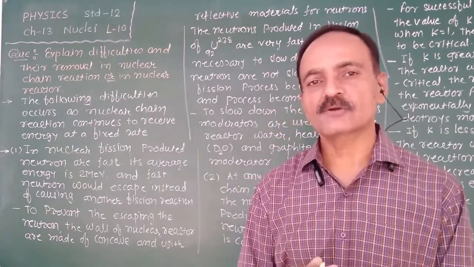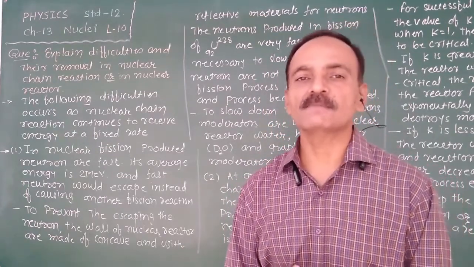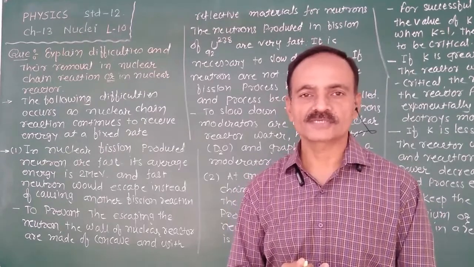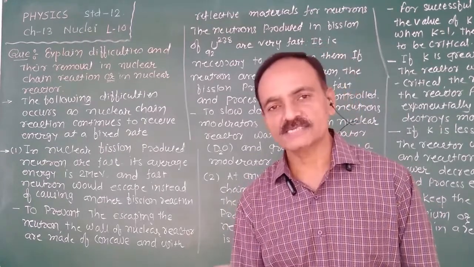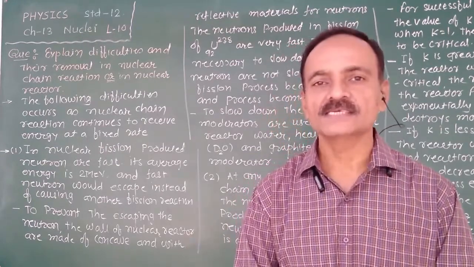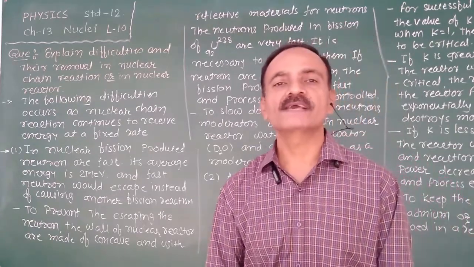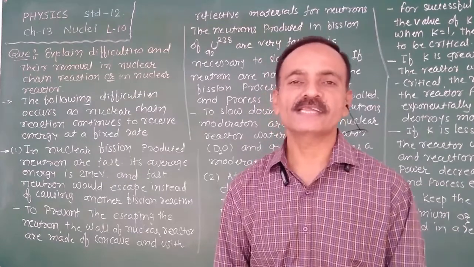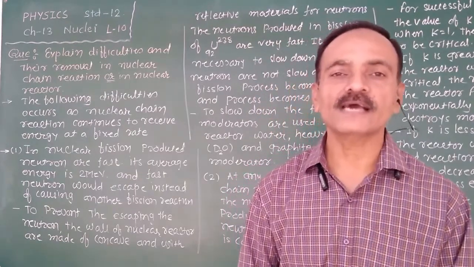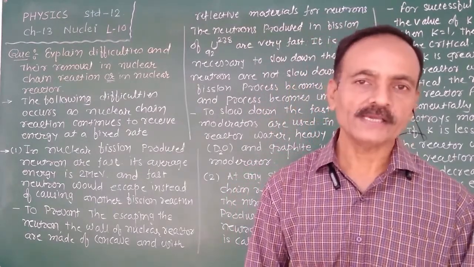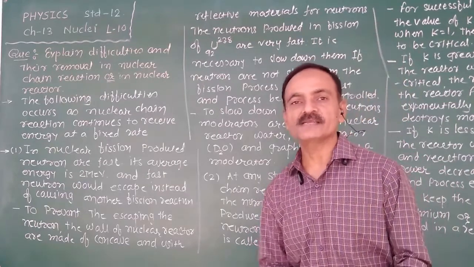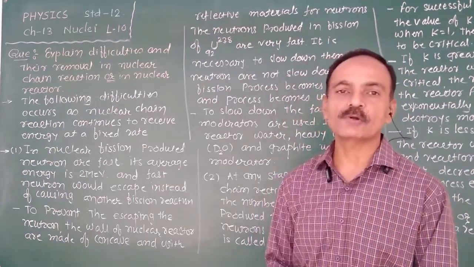During the fission of uranium nuclei, a large amount of heat is also produced. If the fission process becomes very fast, in a short time the temperature becomes very high and an explosion takes place. Therefore, coolants are used. We are going to discuss the difficulties and their solutions one by one.